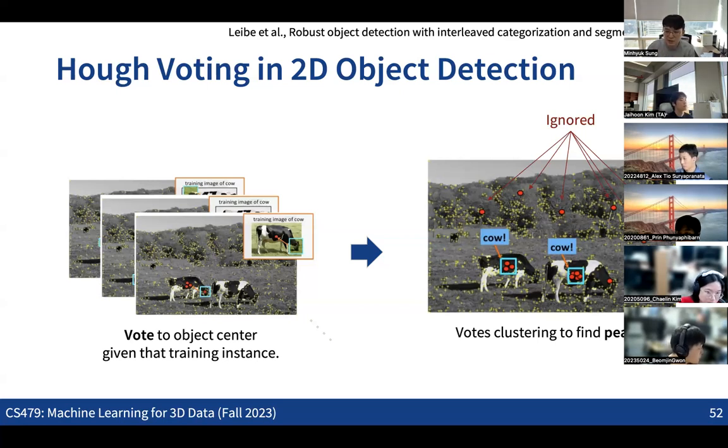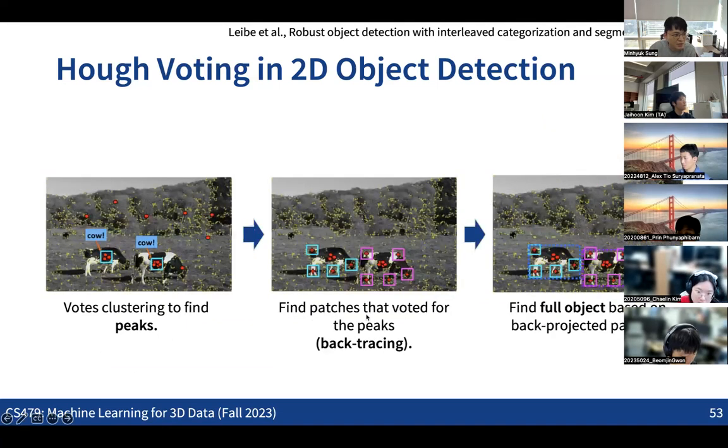Actually, the idea is kind of simple. Once we get the center of the objects, we have the information about which patches contributed to make the peaks, right? All the peaks are found by running some kind of clustering, which means that we know which patches are associated with the votes included in the peak cluster, right? So we can do some kind of back tracing for each of the peak points.